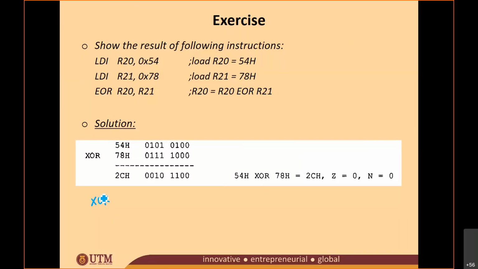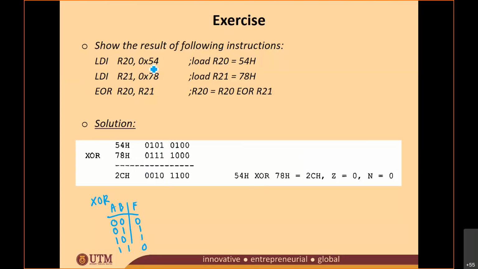You need to make sure you know the truth table of exclusive OR. So this is A, B, and this is your F. Kosong kosong will produce 0, 0 1 will be 1, 1 0 will be 1, and 1 1 is 0. Then after that, you can find out the answers.